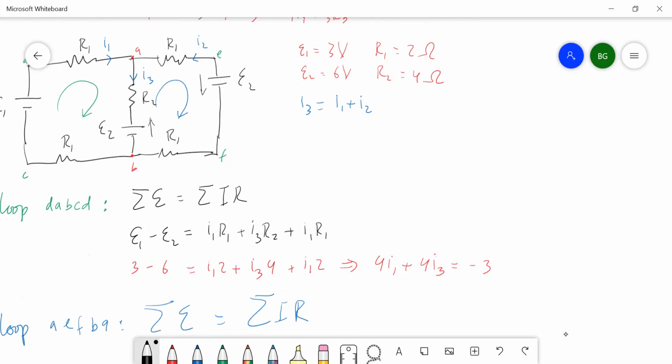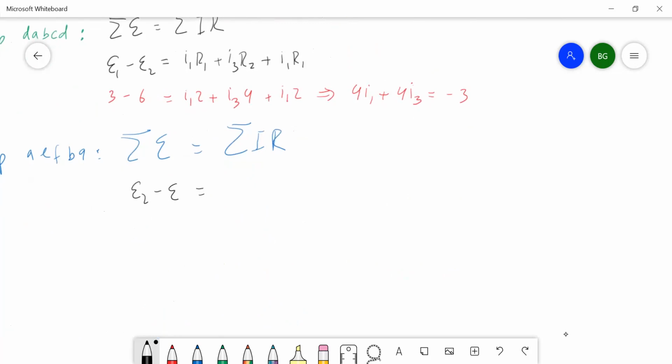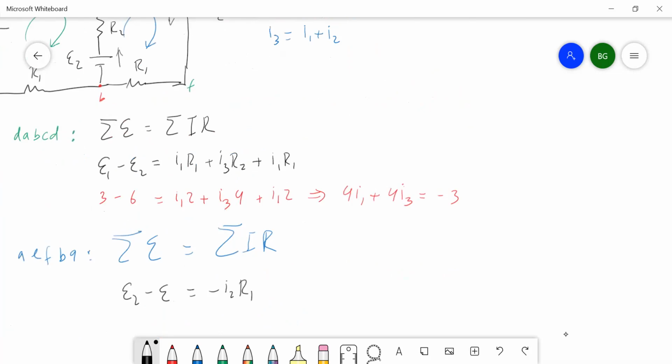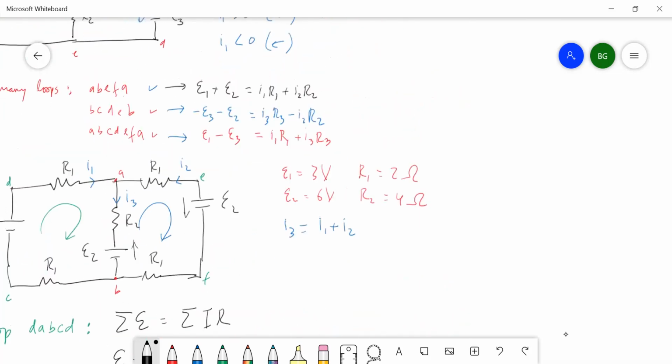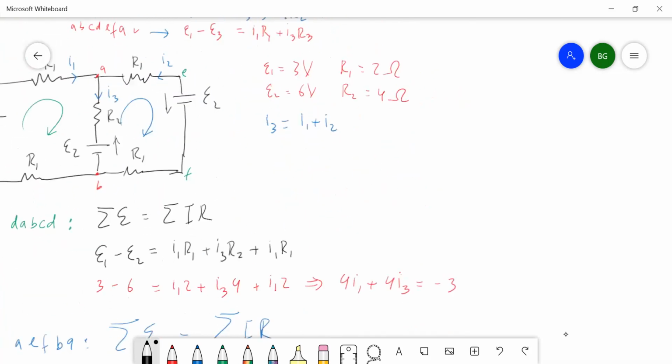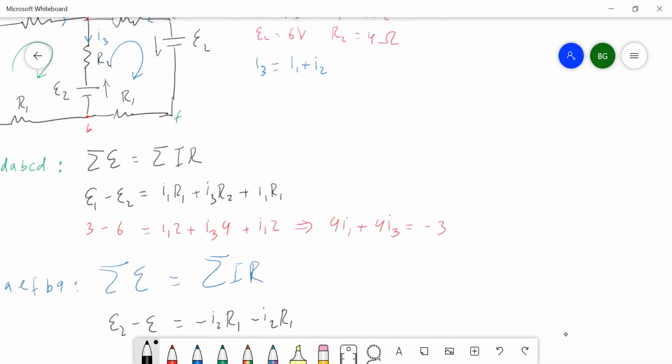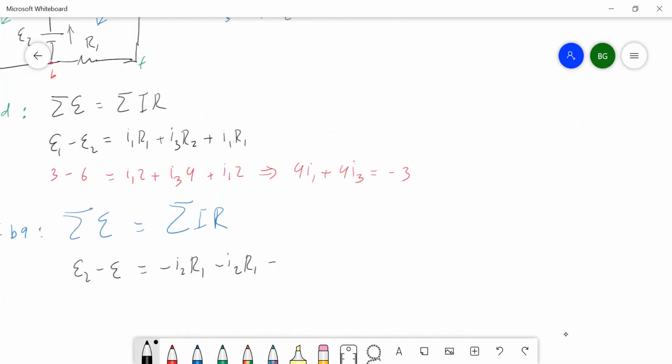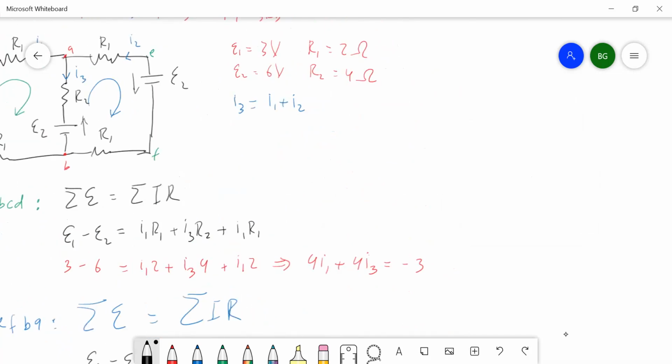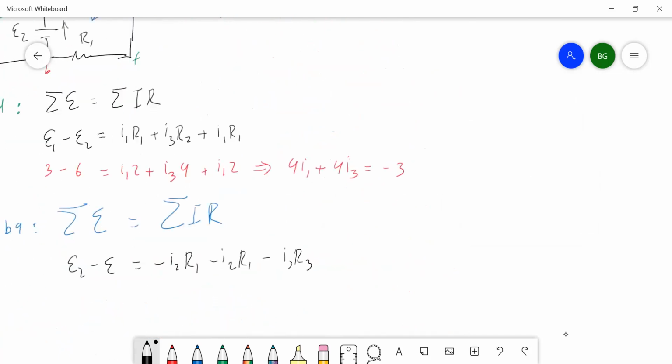Because the direction of the current is opposite to the direction of the loop, it should be minus I2 R1 minus I3 R2.